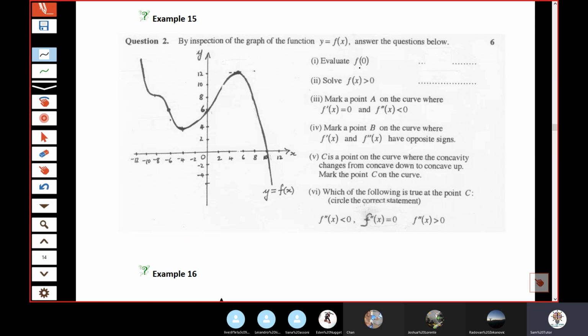But when x is 0, what does it also mean? Don't mix them up, you've got to be careful. Which is 6. f of 0 is the y-intercept, right, where x equals 0.